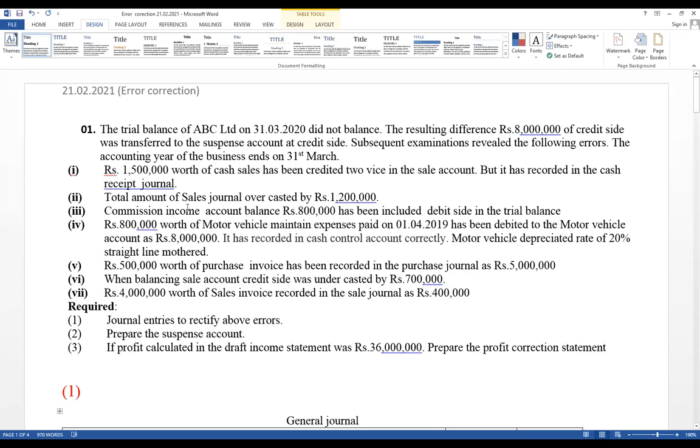Therefore, if errors occur, total amount of journal, those are not effect for suspense accounts. Both ledger accounts are not correct. Sales account as well as debtor control accounts. Therefore, total amount of sales journal overcasted. Normal double entry, debtor control account debit, sales account credit, but it has overcasted. Therefore, it opposite side.